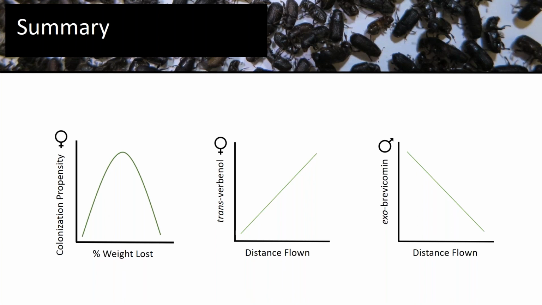But of those that did enter, the beetles that lost the most weight entered the fastest. Flight also impacted pheromone production of both female and male mountain pine beetles, but in the opposite direction. Females that flew further produced more trans-verbenol, whereas males that flew further produced less exo-brevicomin.